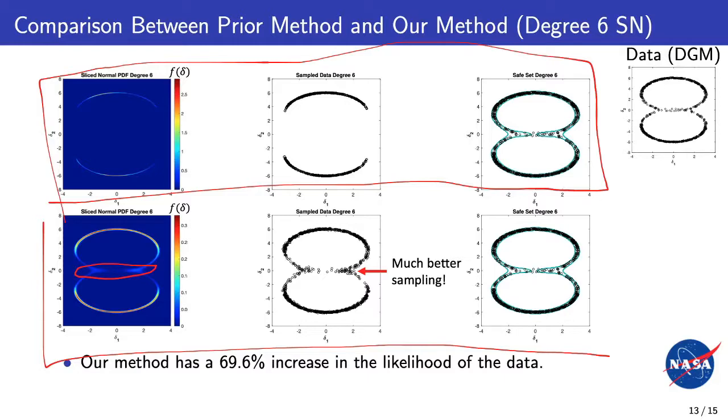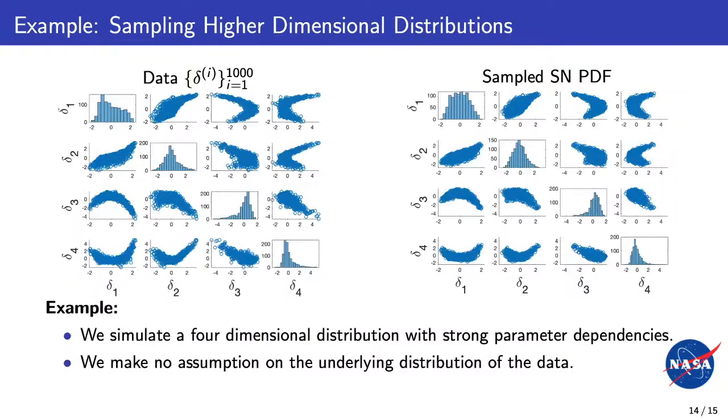For this data set in particular, our method has a 69.6% increase in the likelihood of the data between the degree 6 slice normal using the prior method and updating it with our new method using the convex optimization problem. In addition, we can sample higher dimensional distributions.